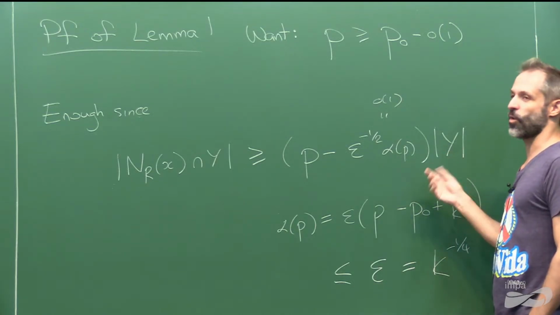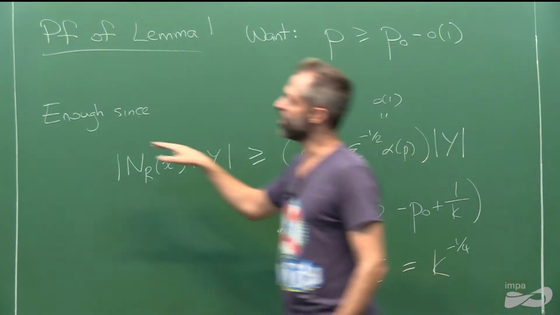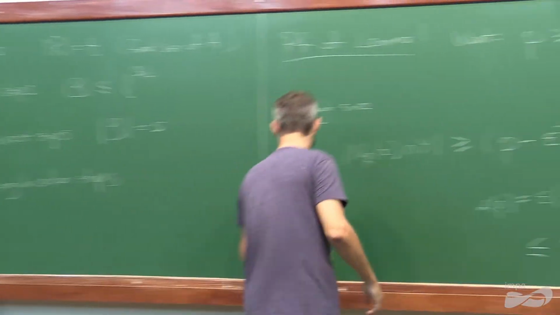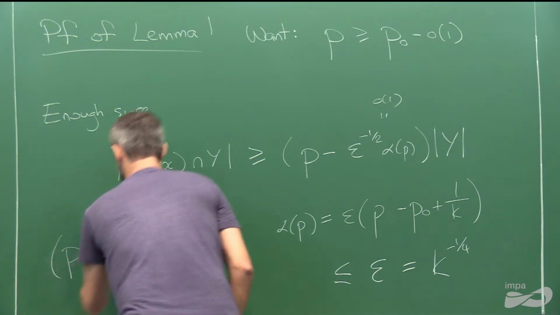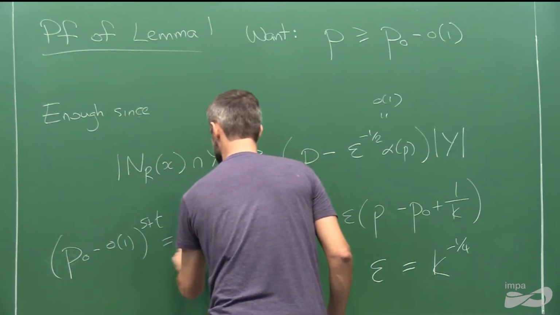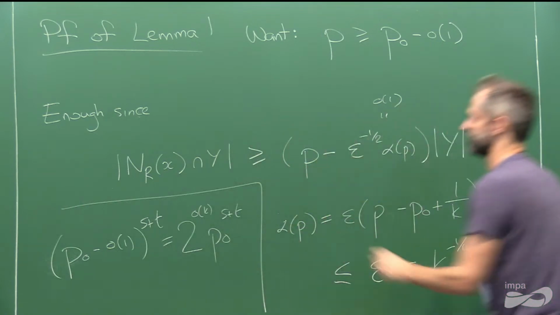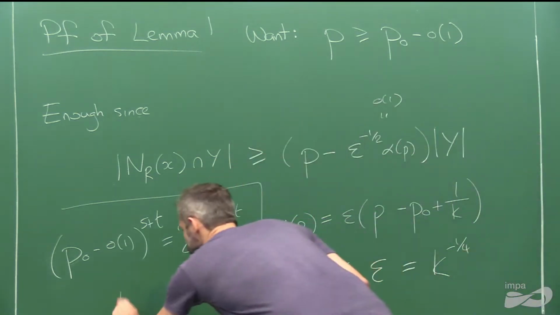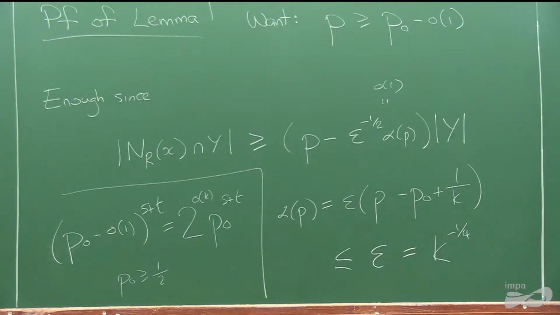If you take (p minus little o(1)) to the s plus t, p is a constant, at least a half, so the little o(1) ends up in the exponent: (p0 minus little o(1)) to the s plus t equals 2 to the little o(k) times p0 to the s plus t, because p0 is at least a half. Okay. Everything's happy.